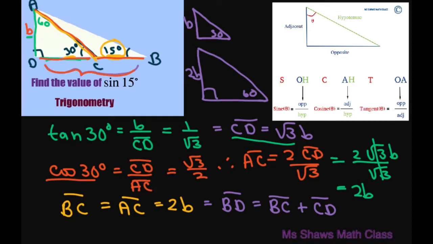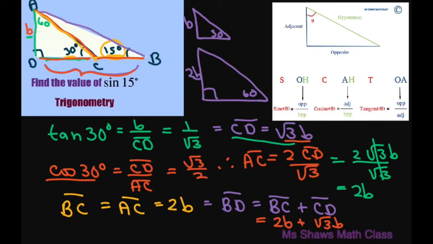All right. So substituting that in, the length of BC is 2B, and the length of CD is given here, square root of 3B. Okay, our goal is to find the length of AB.